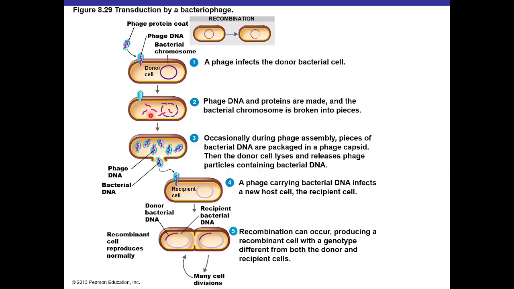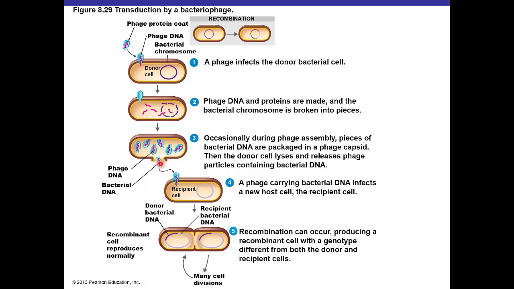When the bacterial chromosome is broken into pieces during the maturation stage, the DNA of the bacteria can go into the head of these virions, and then the phage DNA will go into these particles.